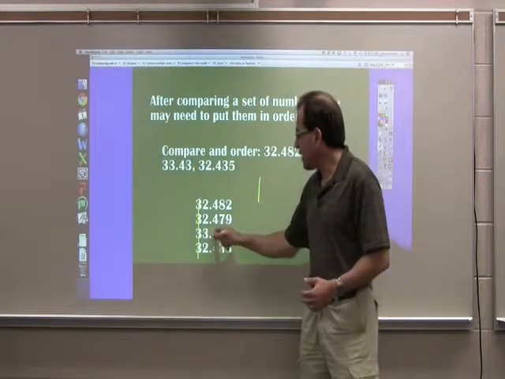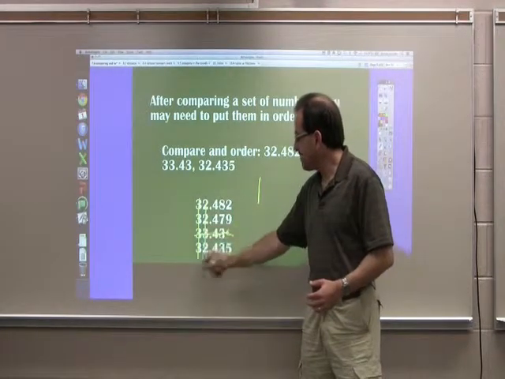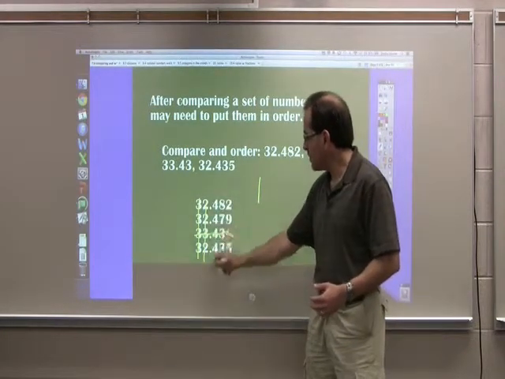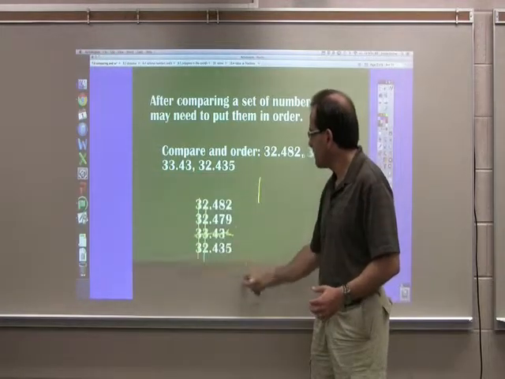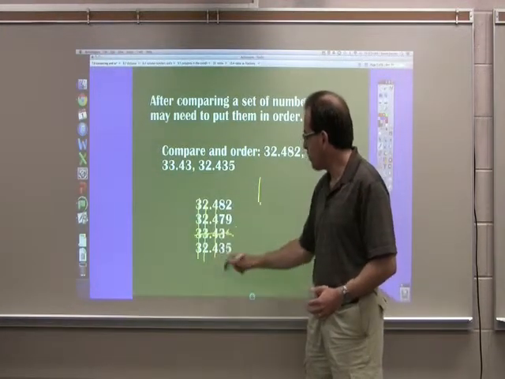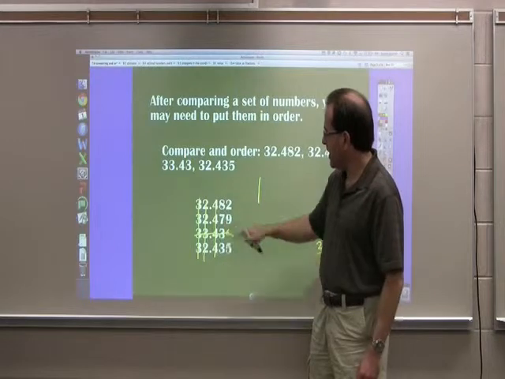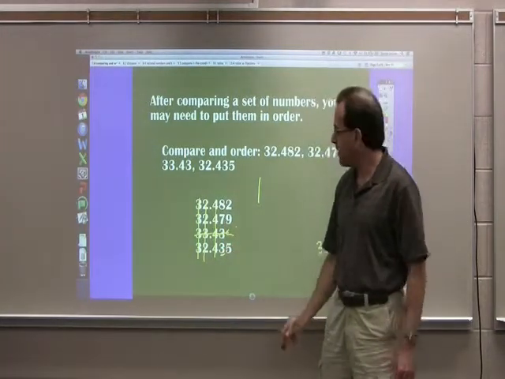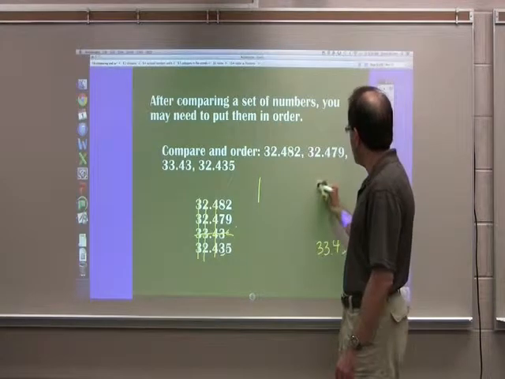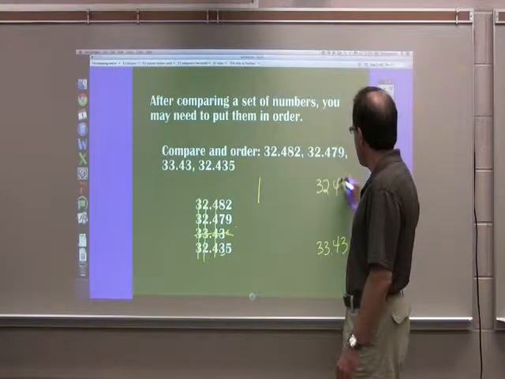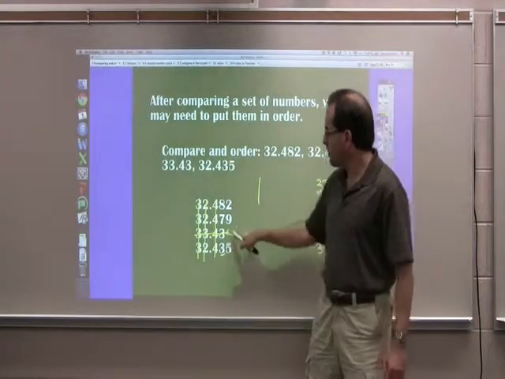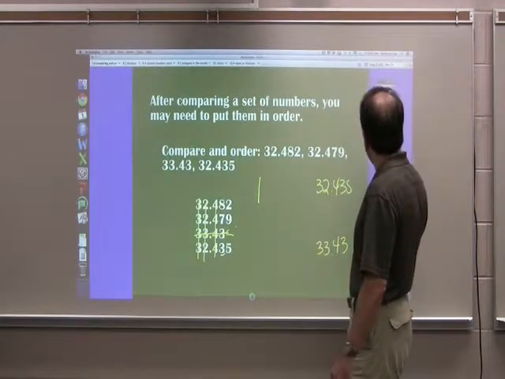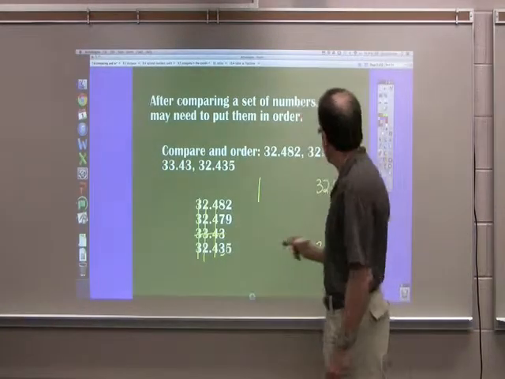All right, so I can get rid of that one. These are all the same. All 4's. Now I've got a 3, a 7, and an 8. The 3 is the smallest in that place, and I'm going to put a number here. Now, one of the things that I didn't do earlier that is a good idea is to place a placeholder 0 right here where there was this hole.